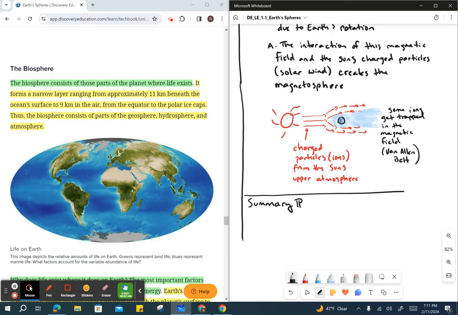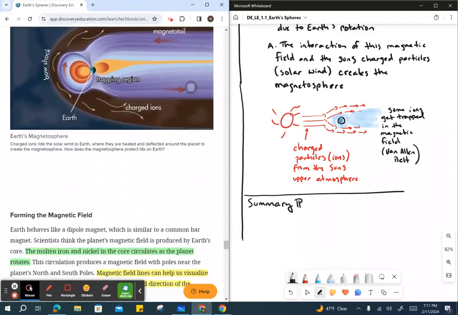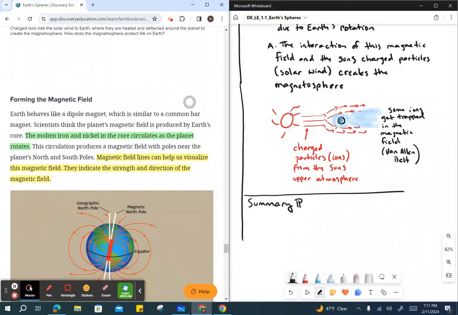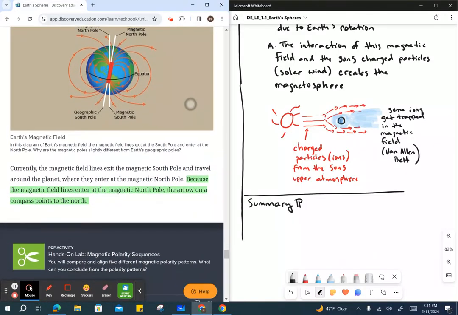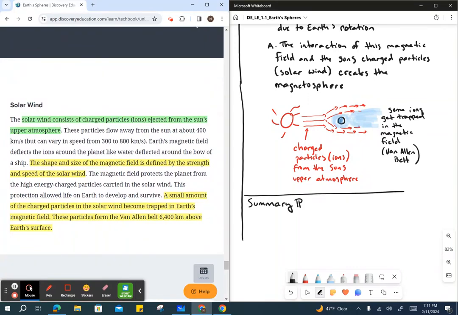Your text also refers to the Van Allen belts, which is a small amount of this ionized energy coming from the sun that actually gets trapped in our gravitational fields, about I think they said 6 kilometers up high. Let's see if we can find that in our text there. About 6,400 kilometers above Earth's surface. That's a big difference, huh?